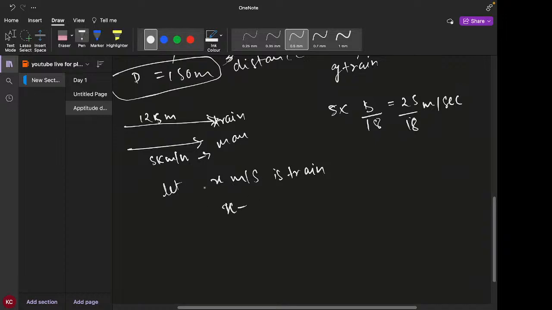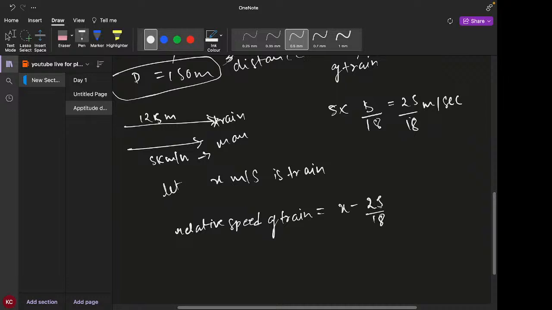The relative speed of train, because the train passes the man, it means that train speed is greater, so x minus 25 by 18.